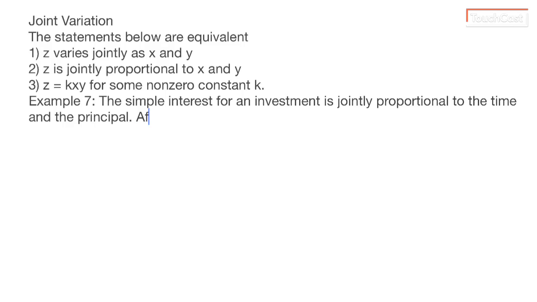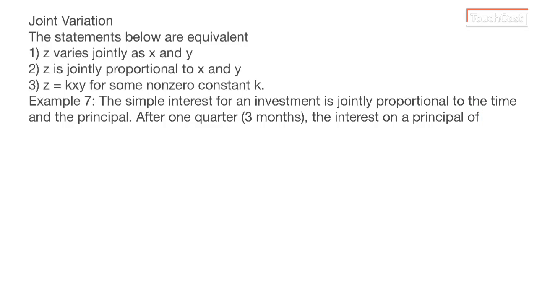And after 1 quarter, which is 3 months, the interest on a principal of $5,000 is $43.75.